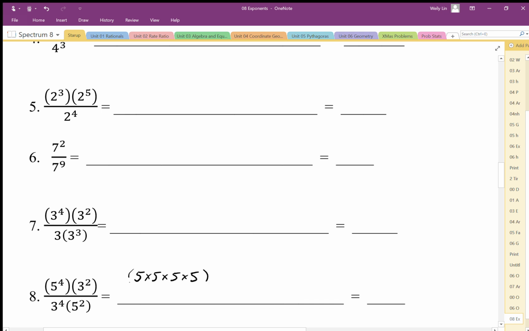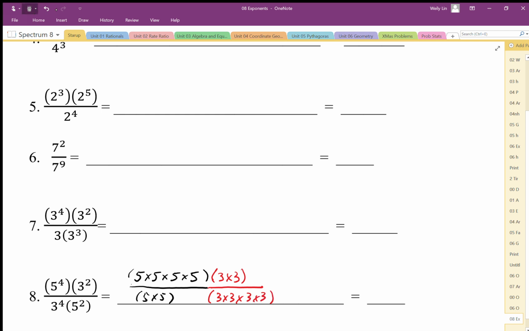But I've got my 5's here, and I'm going to write my 5's with my 5's, my divide by 5's. Okay, and then I have my 3's as well, so 3 times 3 on top. On the bottom I have 3 times 3 times 3 times 3.